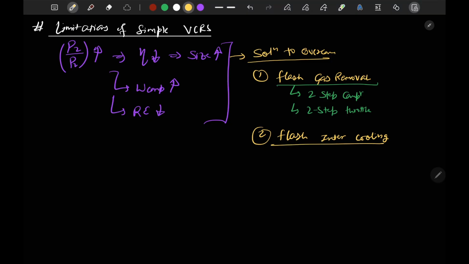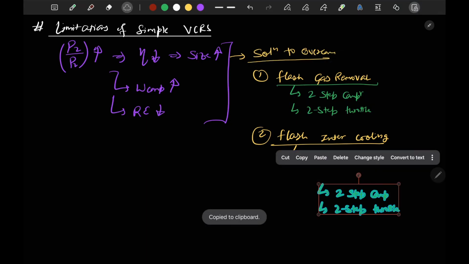In flash intercooling, here also there is two-step compression and two-step throttling. So let me write it first. Exactly these two steps are followed here also.